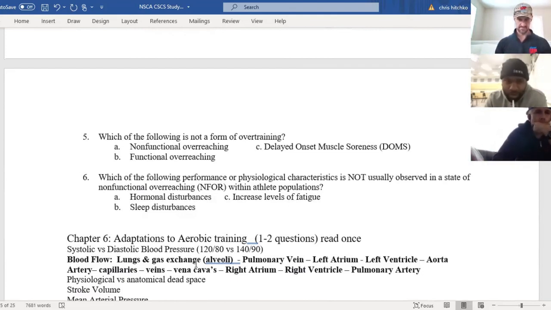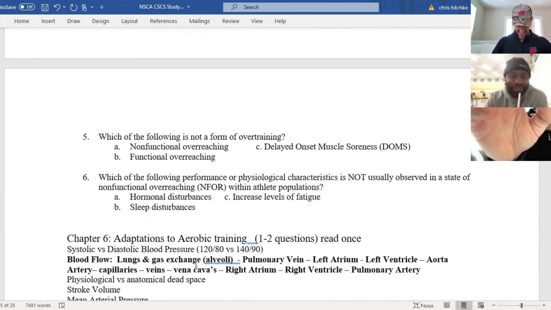I'm torn, because you just said one of these is not a real thing. So I don't know if that's the way of saying it's not a form, or the other one I'm thinking. Which one are you thinking? Well, I'm thinking DOMS, because I feel like that happens to everyone if you're training at some point.